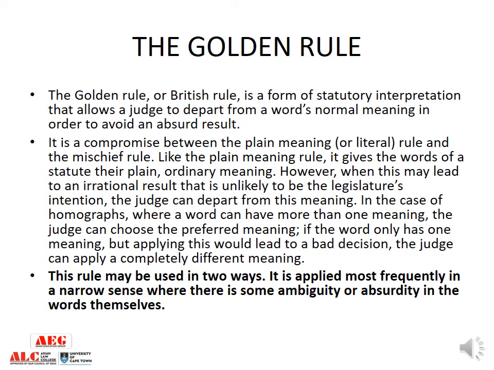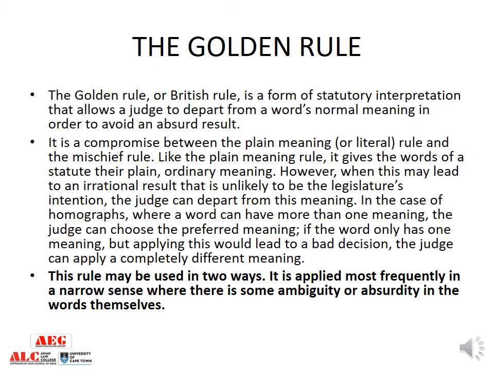Now, what is the golden rule of interpretation? The golden rule of interpretation basically means that there is a word or there is a statutory provision which is giving two or more meanings. कोई एक word है एक section का, या कोई एक section है पूरा जो एक से ज्यादा meaning दे रहा हो, तो उसका हम क्या करेंगे, कौन सी मीनिंग लेंगे.